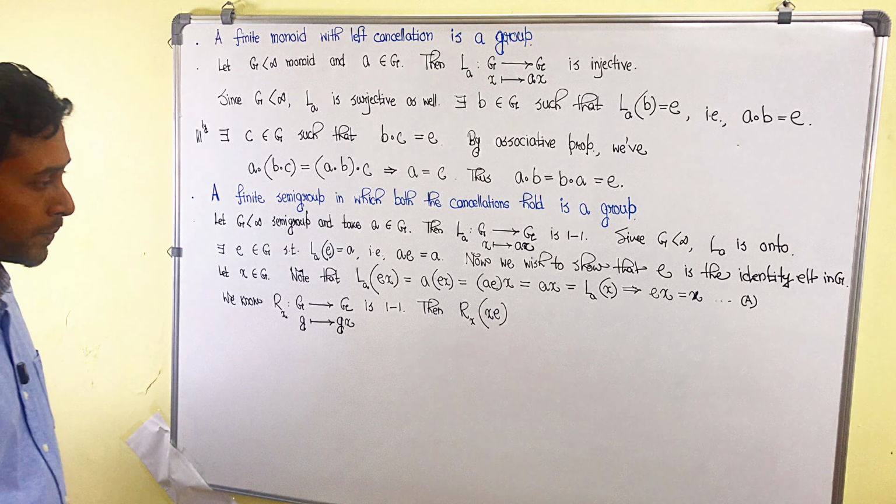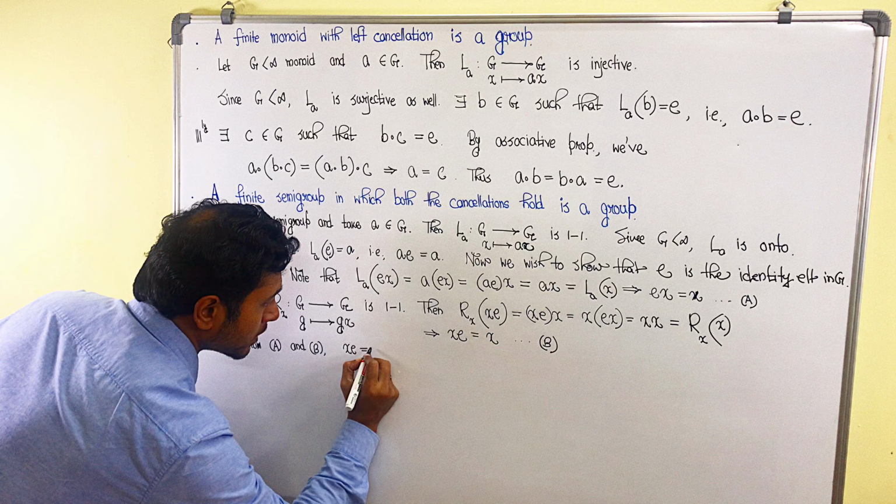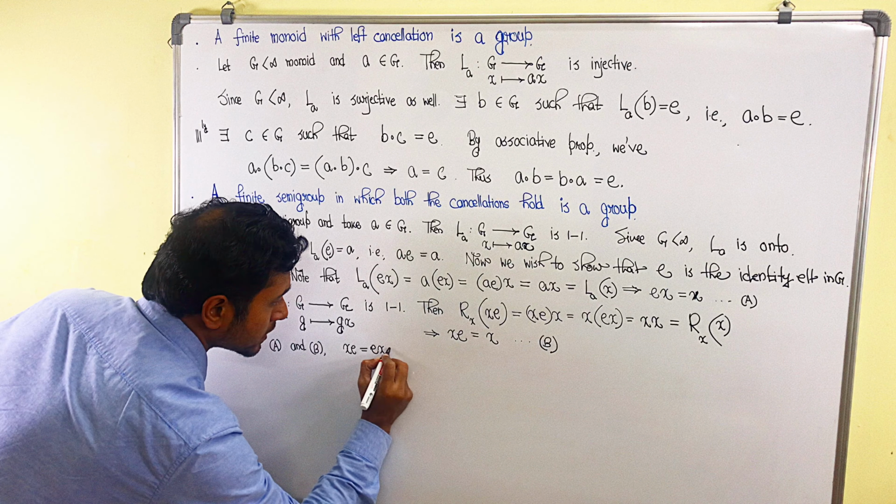Let's denote this equation by B. So from A and B, we have xe equals ex equals x, and since x is arbitrarily chosen, this holds for all x in G. Therefore this semigroup has the identity element, so it becomes a monoid, and the rest follows from the previous problem.